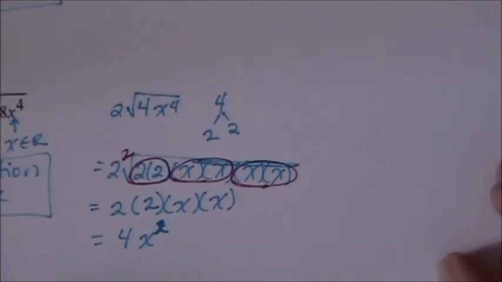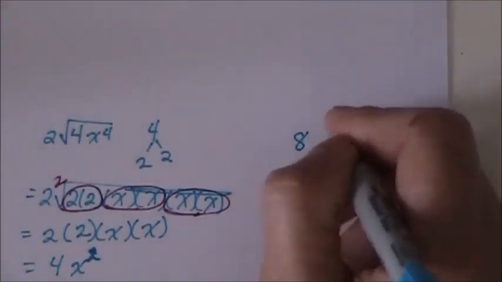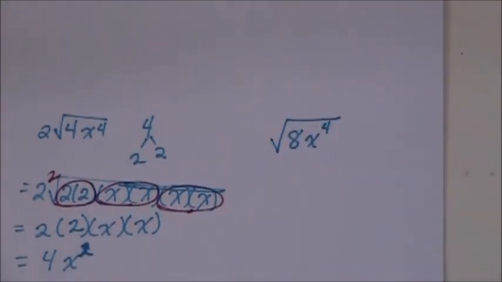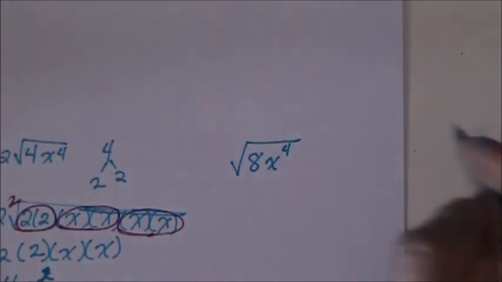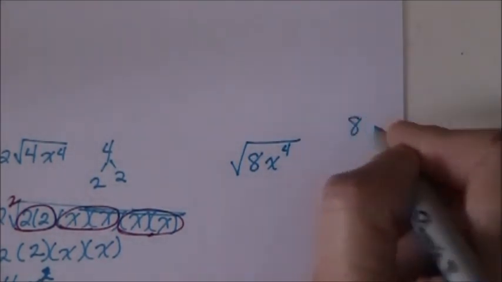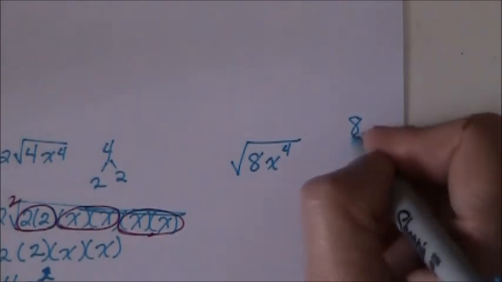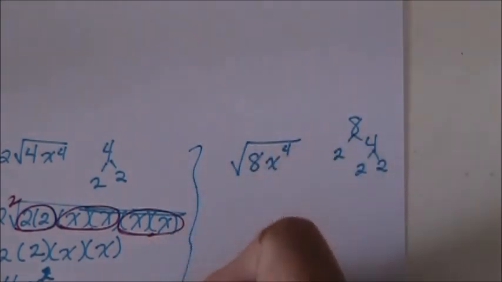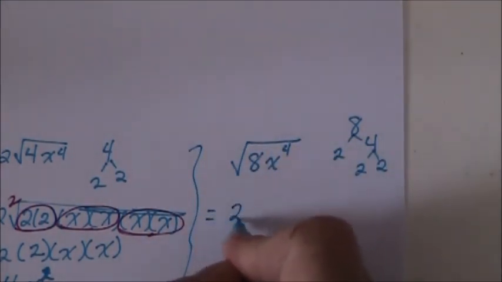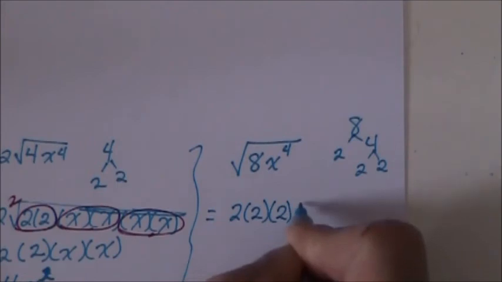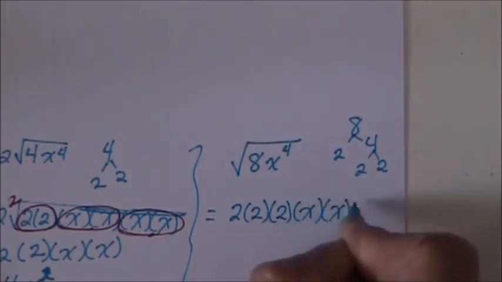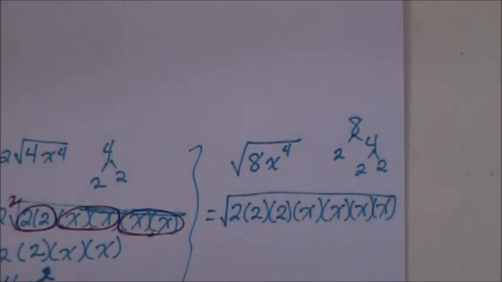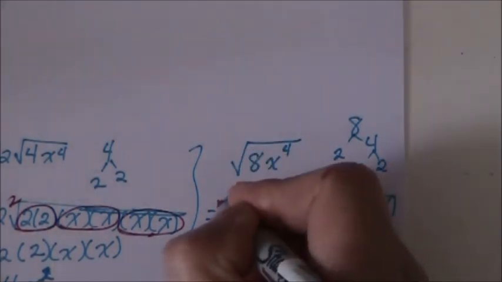If we now look at our other radical, we had 8 times x to the exponent 4 under the square root sign. And look at simplifying that. We have 8 is 2 times 4. 4 is 2 times 2. So this could be written as 3 2's followed by 4 x's. We still have a no visible index, so still an index of 2.